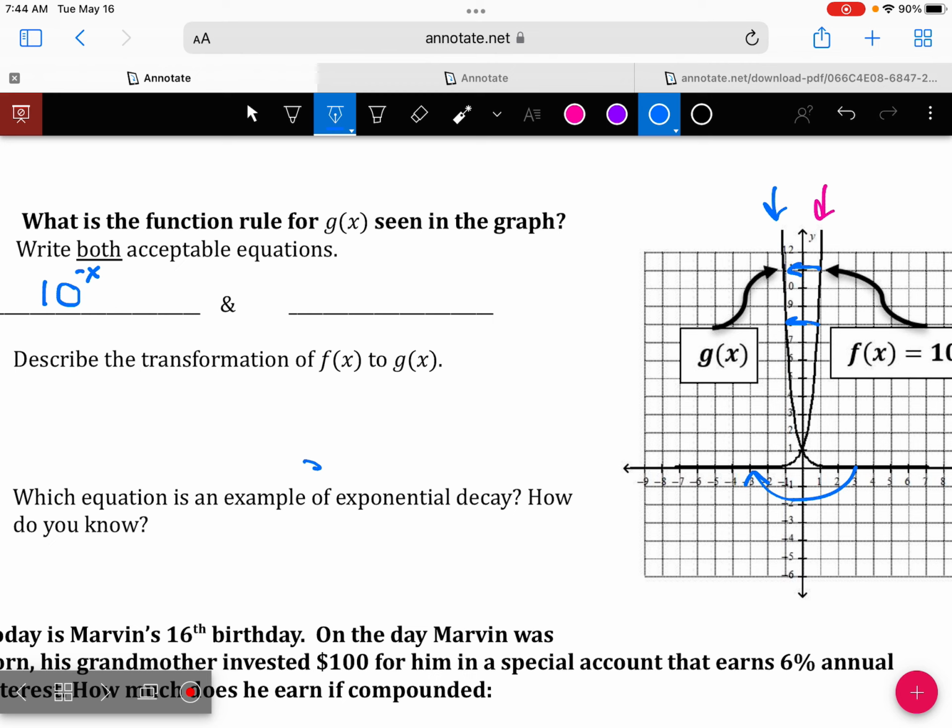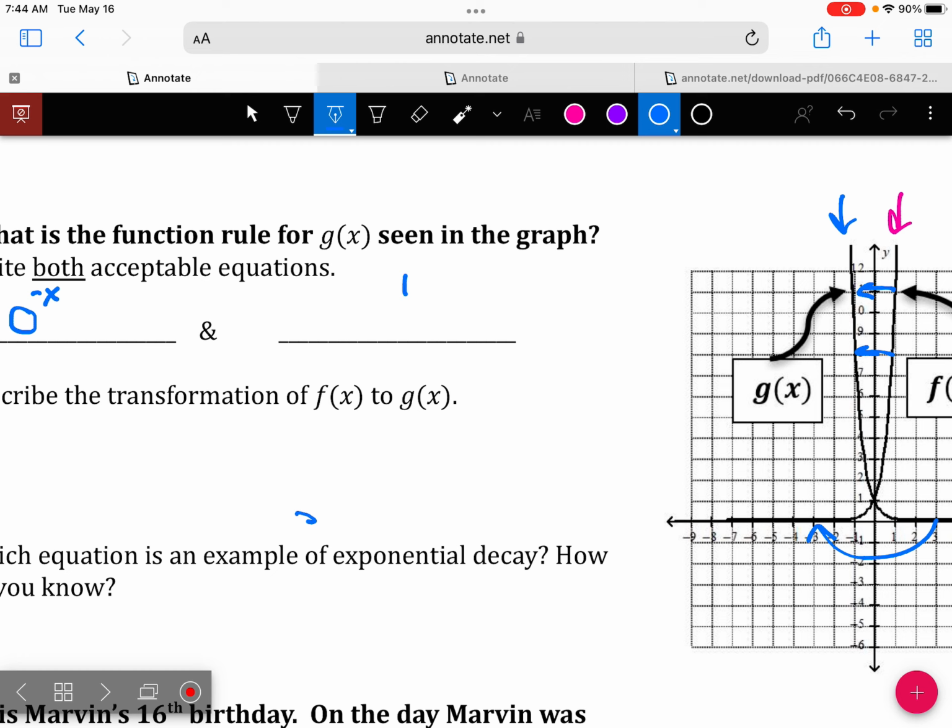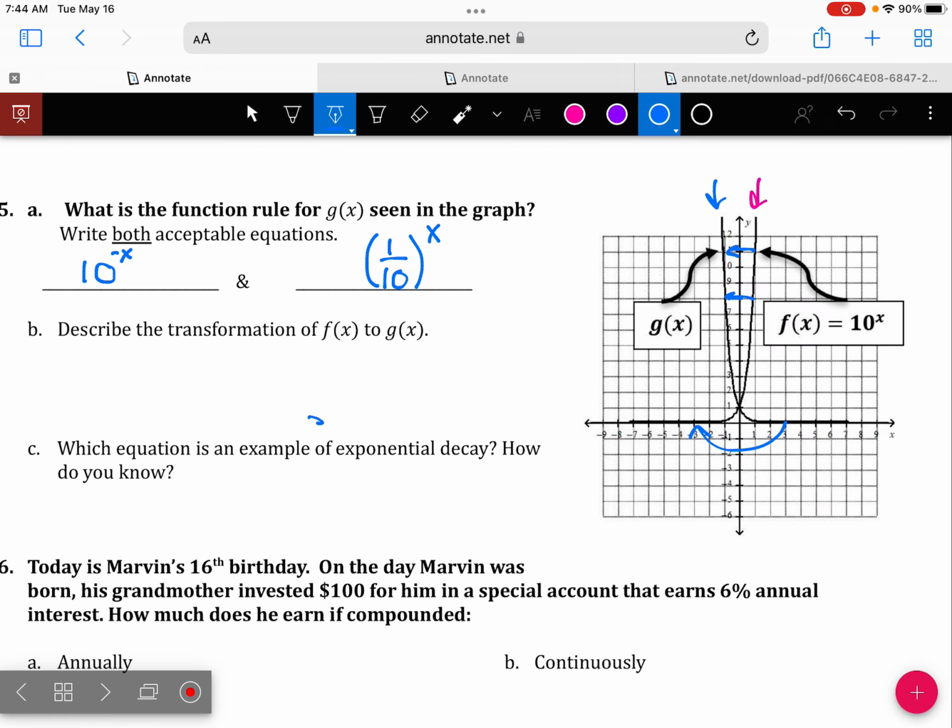That one's valid. The other one that we have that does this switch is if we simplify that. Negative exponents make your number flip. Exponent laws. So you could also write this as 1/10 to the x. That is a bad parenthesis, so I'm going to fix that. Those are the two ways you can write this.